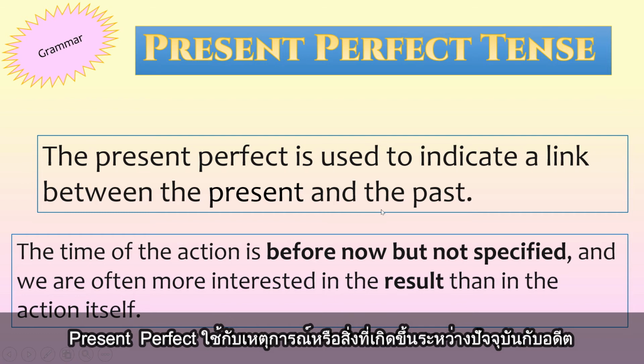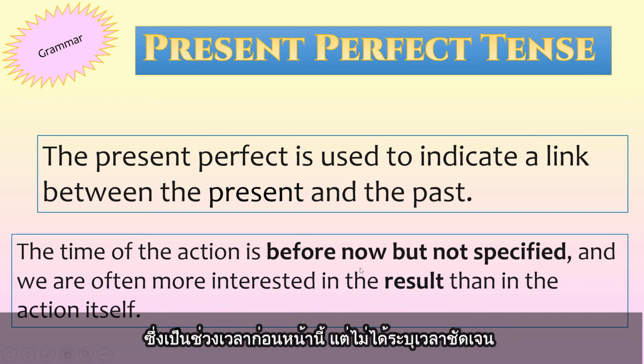When you use present perfect tense, it will show the connection between the present and the past. The time of the action is before now, but not specified. Maybe it started before, but we don't know when.